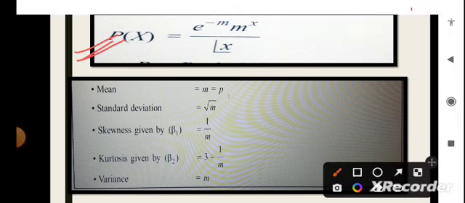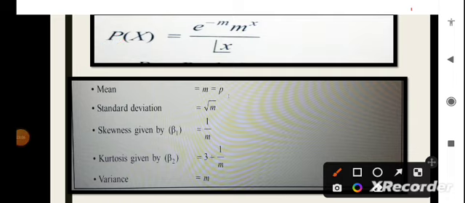The Poisson distribution is calculated by this formula. Here P is the probability of success, X are the variables, E is the constant which is equal to 2.718 and M is the finite positive constant which is also known as the parameter of Poisson distribution.